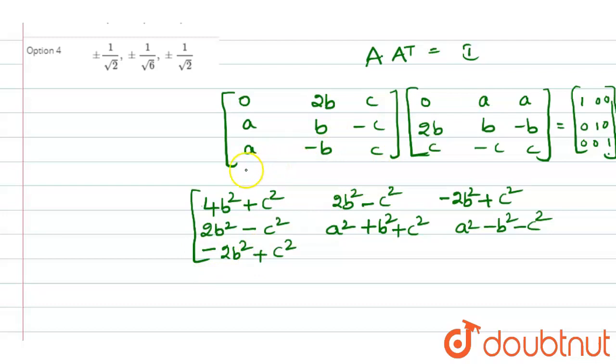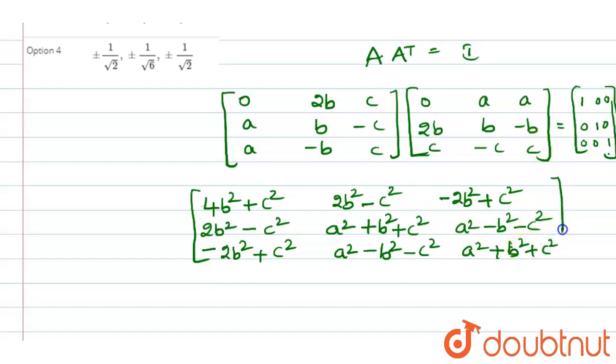Here a into a gives a square, minus b into b gives minus b square, and c into minus c gives minus c square. At the same time, a into a gives a square, minus b into minus b gives plus b square, and c into c gives plus c square.